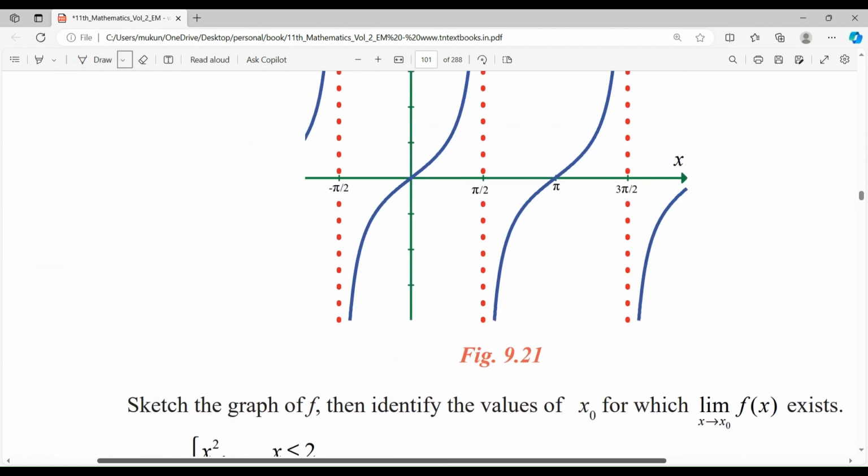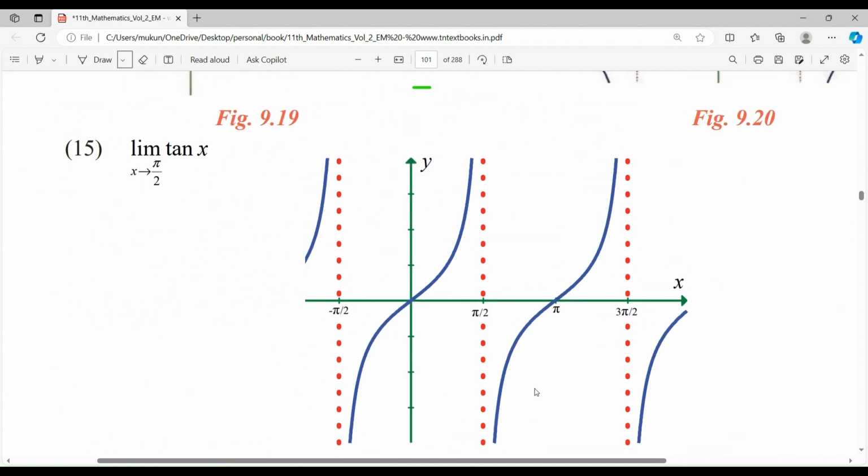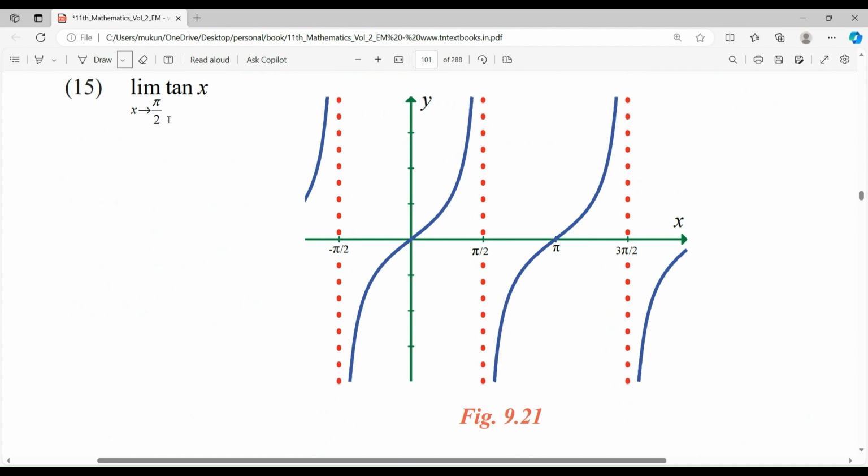This is the last graph of today's video. And this is nothing but your tan x function, right? So something very similar to the mod function which we saw earlier, or the 1 by x minus 3 function we saw earlier.